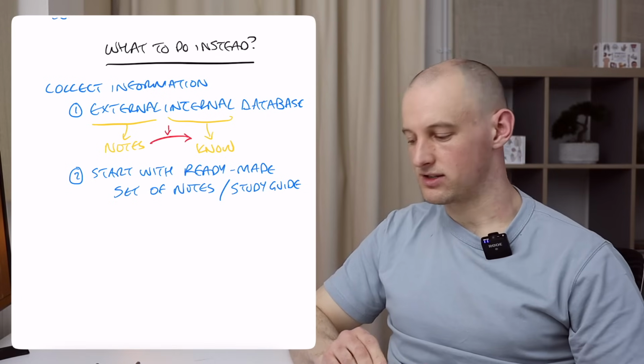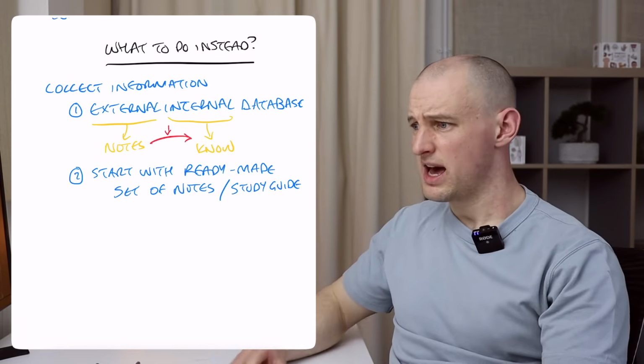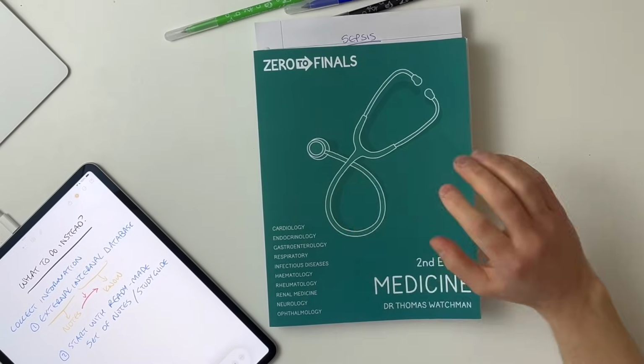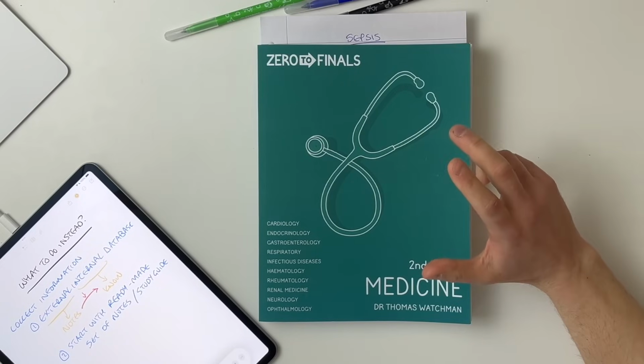You can just get started straight away. A perfect example of this is the Zero to Finals medicine book. This is designed to cover medicine, and there's also a surgery, pediatrics, obs and gynae book, and so on. But if you're doing A levels, there are great study guides available. If you're doing GCSEs, same thing.